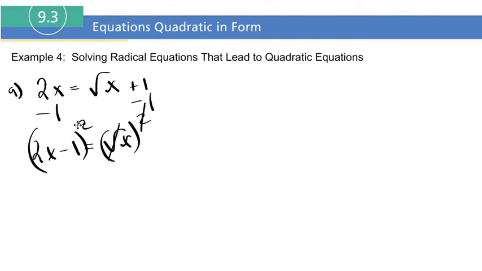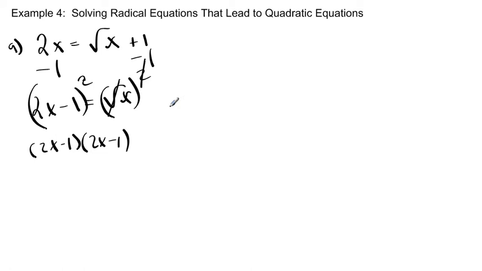Okay, so now that square crosses out with the radical, you see. So when I square this, remember, this means 2x minus 1 times 2x minus 1. So we have to do the FOIL method, right? If you do your FOIL, I'll do it over here. 2x times 2x is 4x squared. 2x times negative 1 is a negative 2x.